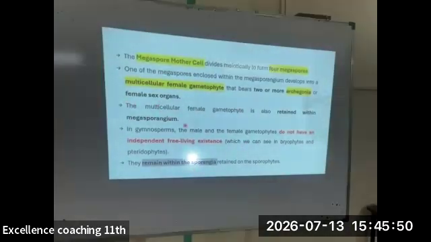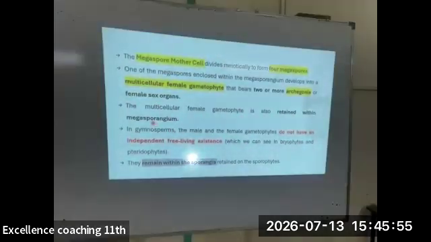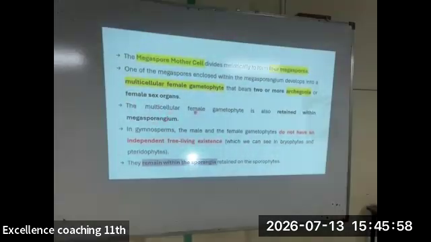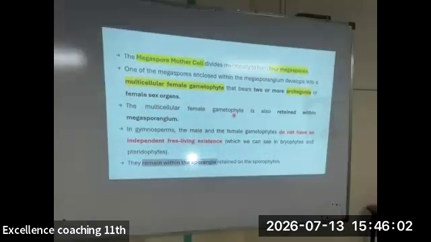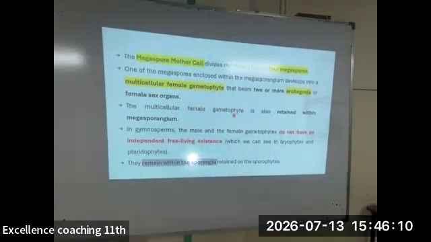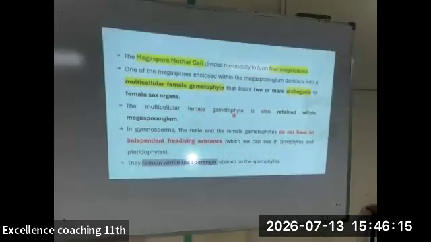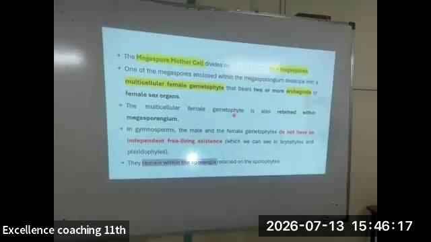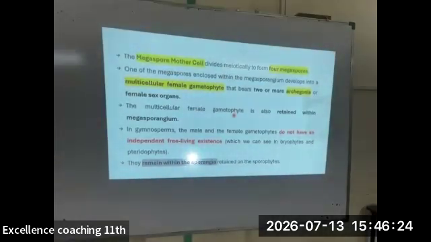So what happens? This multicellular female gametophyte is retained within the megasporangium. Have you heard of sporophyte and gametophyte in the pteridophyte and bryophyte sessions? Yes. There was a separate session for sporophyte, and a separate special session for gametophyte. Here they have only the organs, male organ and female organ. Not the entire plant body is dedicated to become a reproductive structure. Okay, is this clear? And this is the advanced type of feature which is missing.